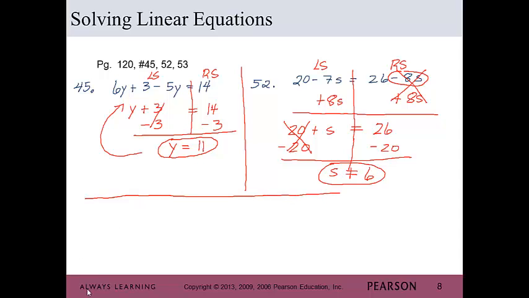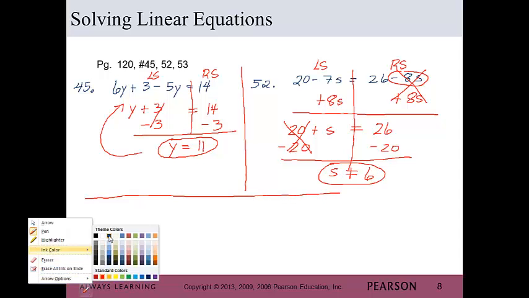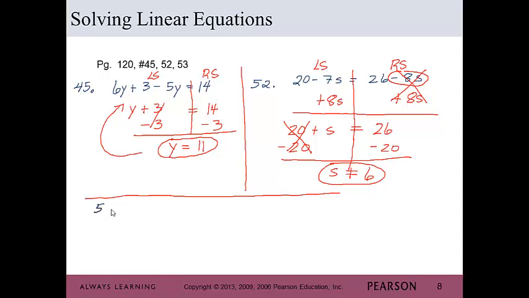All right, number 53. Now we have 4x plus 2 equals 3 times parentheses x minus 6 plus 8.